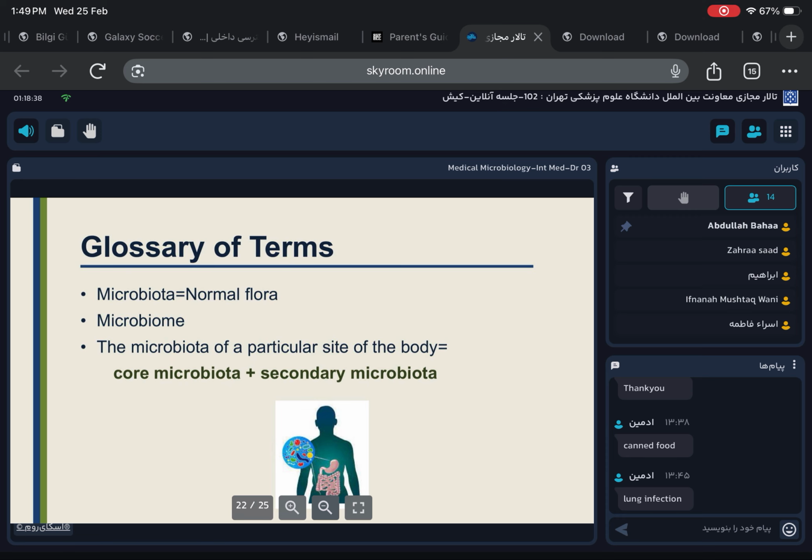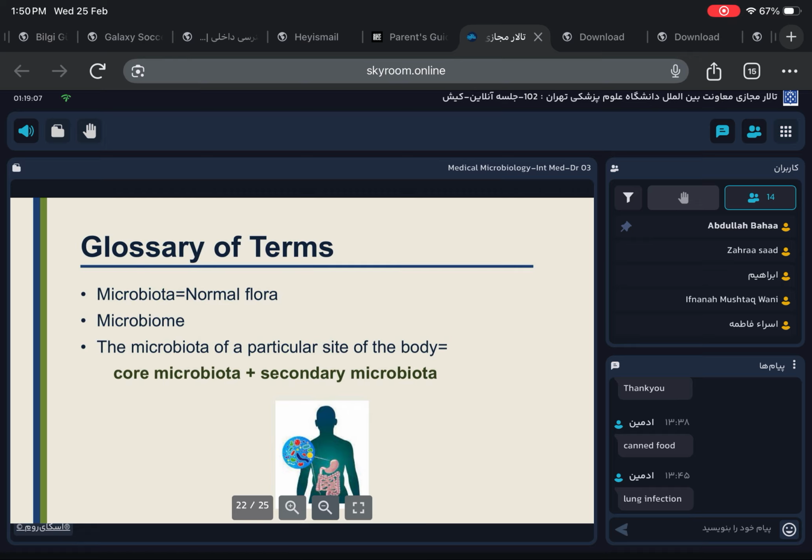The rest of the microbiota is called secondary microbiota. You should know that the majority of the microbiota is composed of core microbiota, while a smaller portion consists of secondary microbiota.